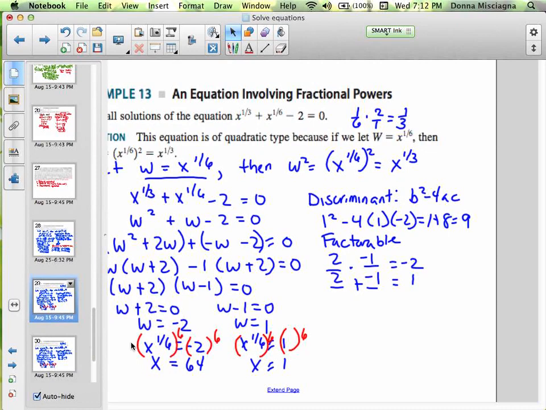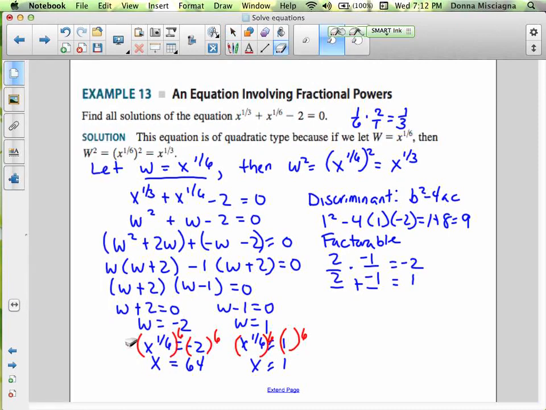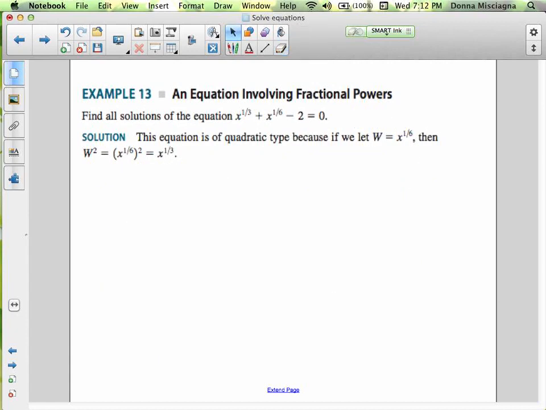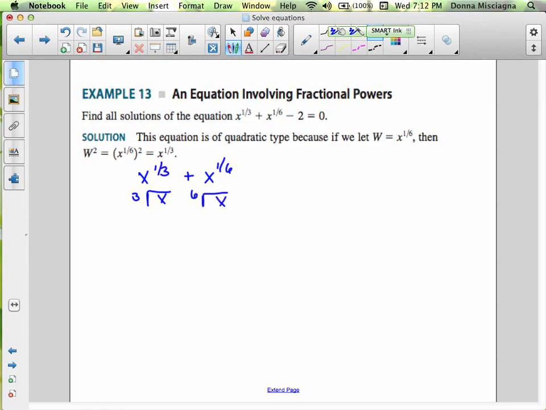Remember 64 and 1. x to the 1/3 is the same as the cube root of x, and x to the 1/6 is the same as the 6th root of x. So let's plug it in: the cube root of 64 plus the 6th root of 64 minus 2 equals 0.